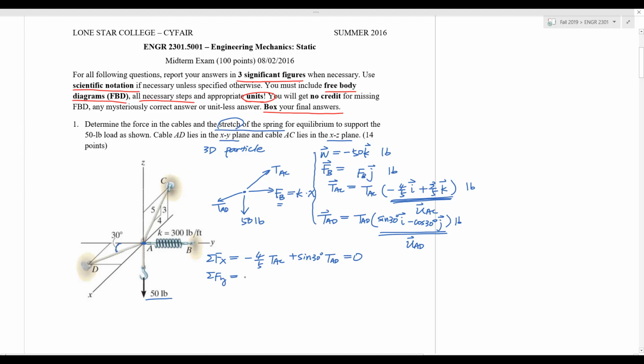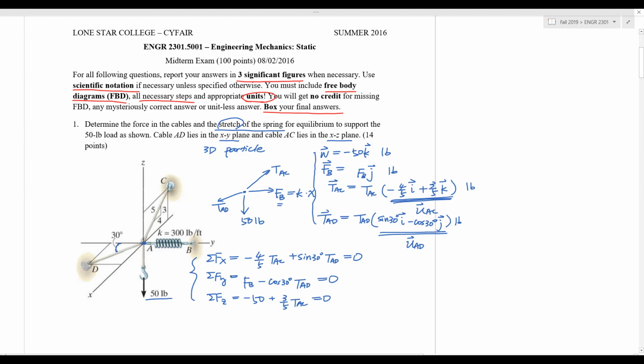From the second force, we have FB. Nothing from the third force, but from the last force, we have negative cosine 30 degrees TAD, equals 0. And lastly, along the z direction, from the first one, we have negative 50. Nothing from the second one. From the third one, we have 3/5 TAC, equals 0.